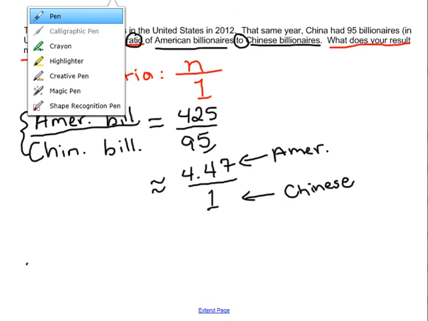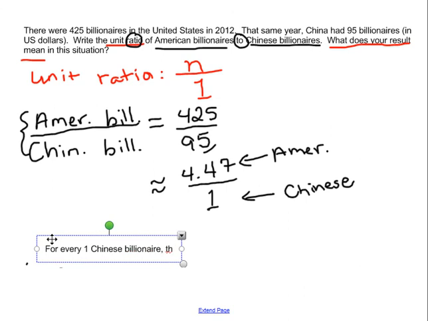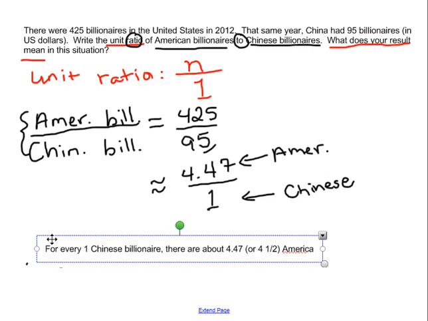This basically tells us that for every 1 Chinese billionaire, there are about 4.47, or 4.5, because 4.47 is really close to 4.5, American billionaires.